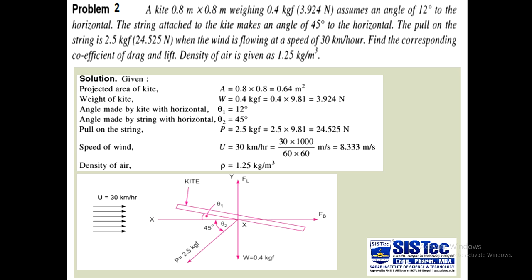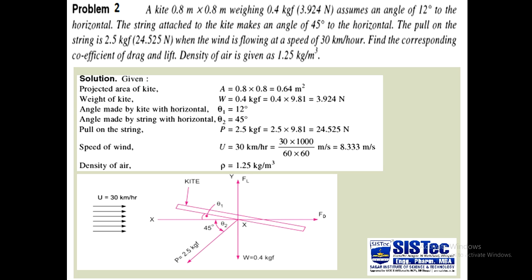The pull on the string is 2.5 kilogram force when the wind is flowing at a speed of 30 kmph, that is kilometer per hour. Find the corresponding coefficients of drag and lift. The density of the air is given as 1.25 kilogram per meter cube.